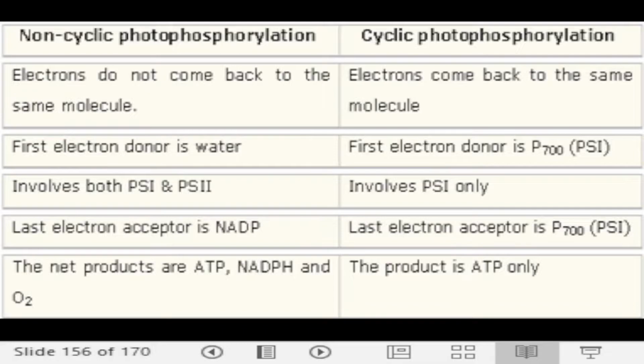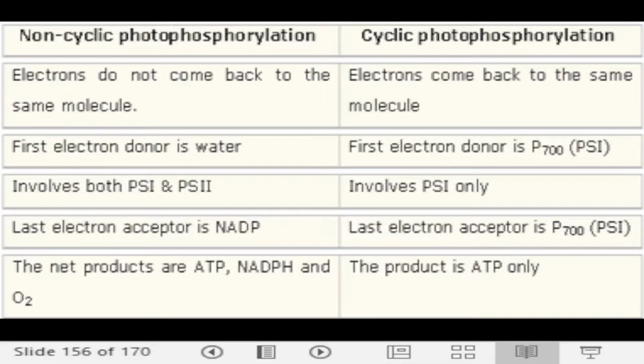For non-cyclic, both photosystem 1 and photosystem 2 are involved, whereas in cyclic photophosphorylation, it is only photosystem 1 that is involved. In non-cyclic, the last electron acceptor molecule is NADP, while in cyclic photophosphorylation, the last electron acceptor is P700 in photosystem 1.